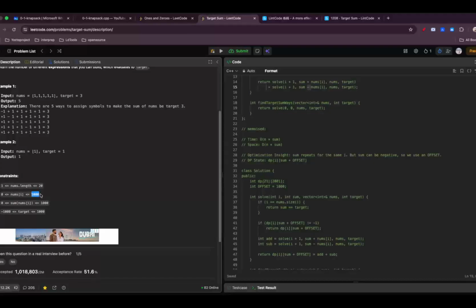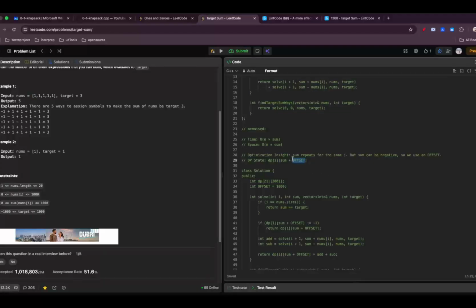That means 1000 multiplied by 20, and that will be the scenario when all the values in there are 1000. It could be possible that all the values here are 1000 and there are 20 thousands. So accordingly we need to take this offset value.